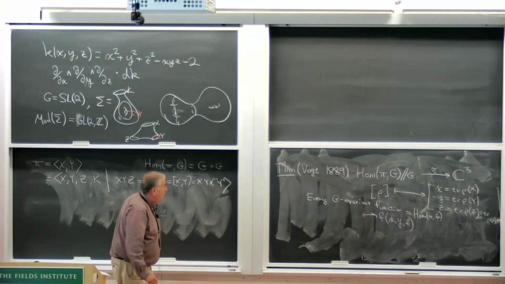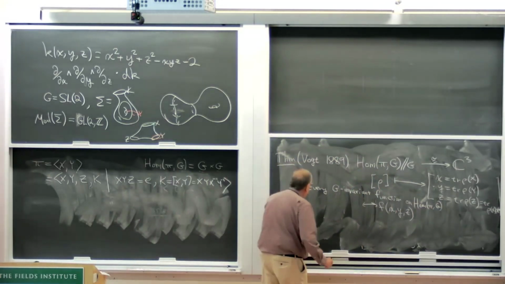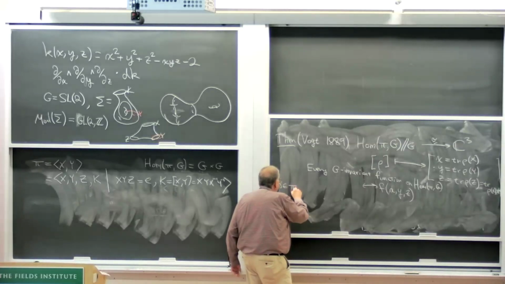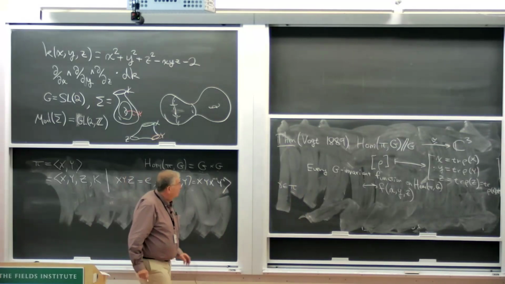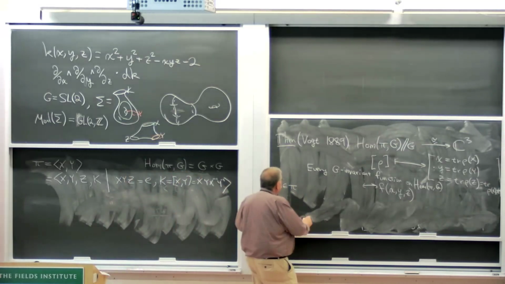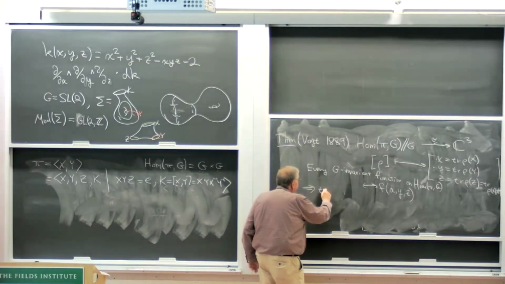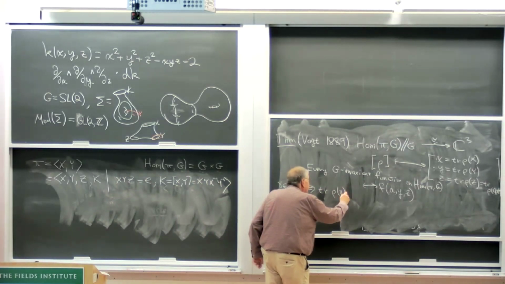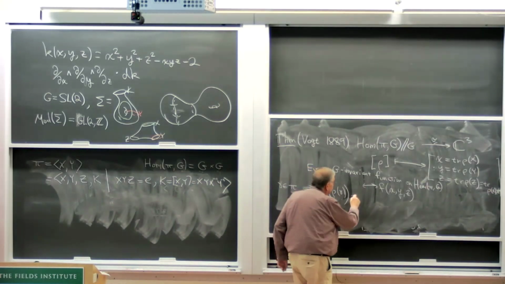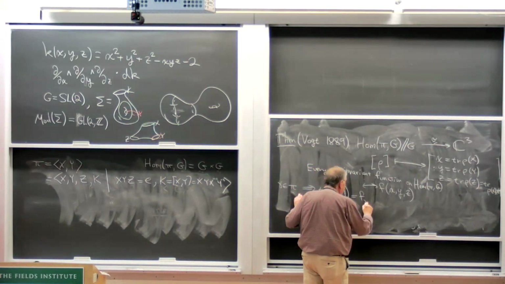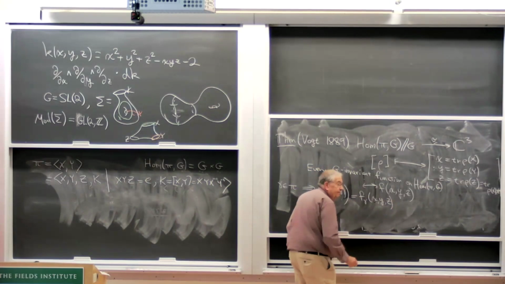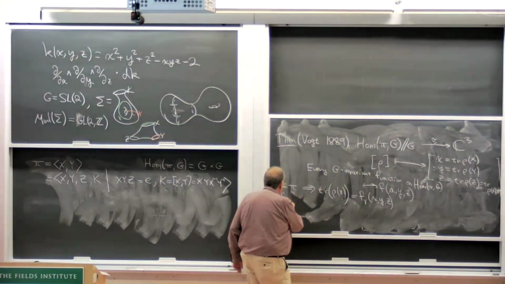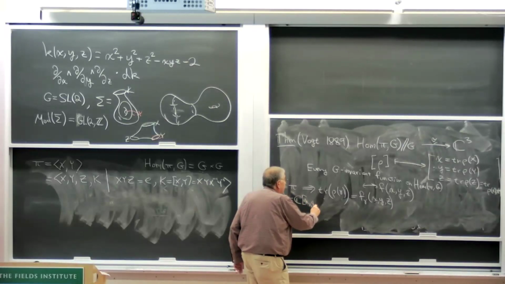And in particular, if we're given an element in the fundamental group, something represented by a based loop or a closed oriented curve, then that means that its trace, which is conjugation invariant, will be given by some polynomial gamma in x, y, and z. So that means that there's some polynomial in the three variables evaluating the trace.